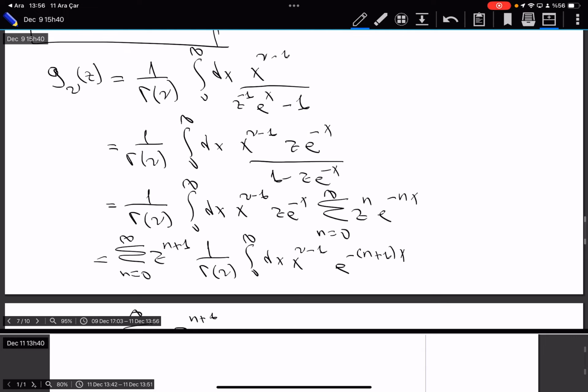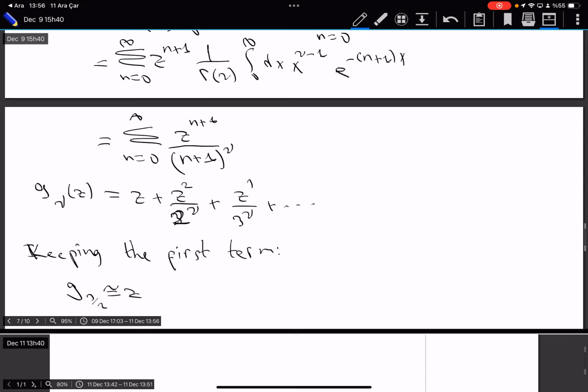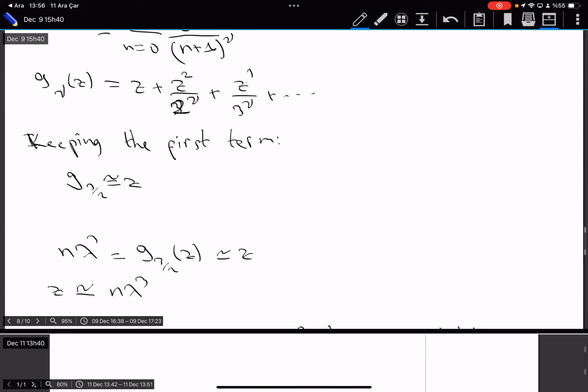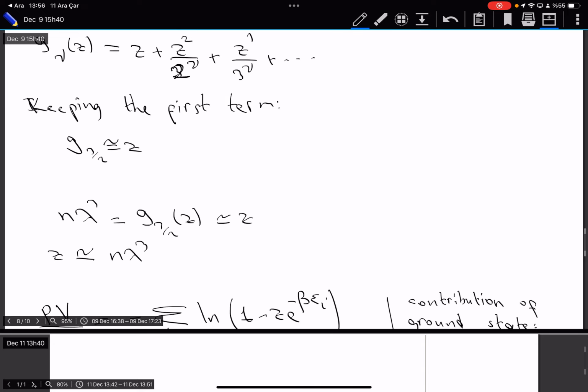We have determined what this g function is. It has such an expansion for an arbitrary nu. So this is our condition. You see, this expansion is valid not necessarily in the large temperature limit. We don't know that yet. But this is the limit when z is very close to 0. But if z is close to 0, you see this N lambda cubed, where lambda is h bar over square root of 2 pi m kT, to the power 1/2.